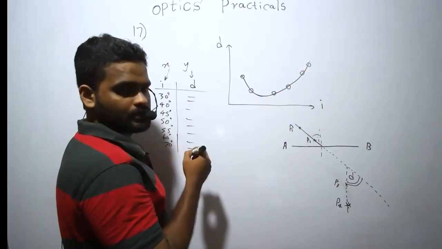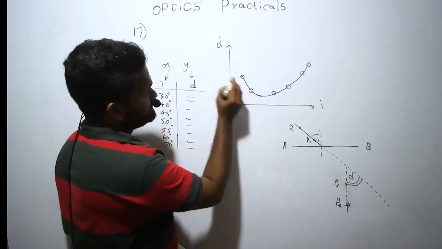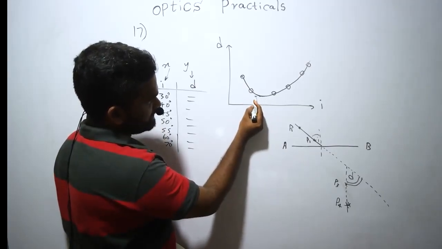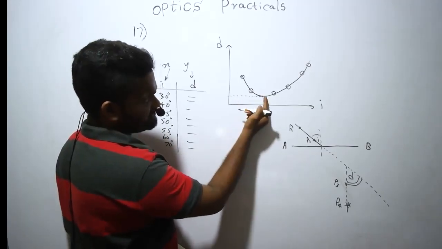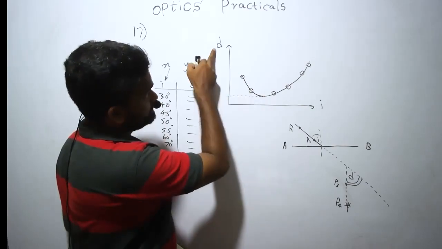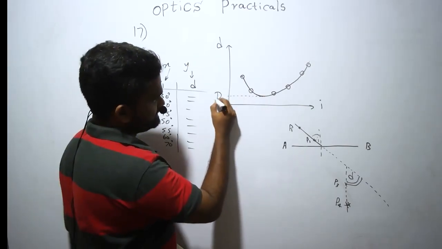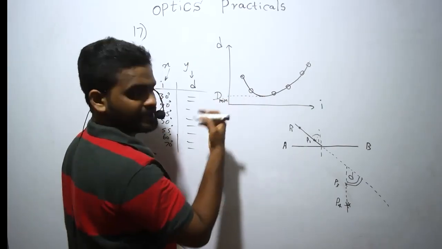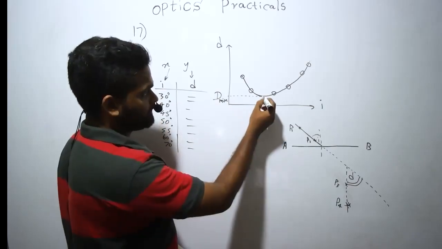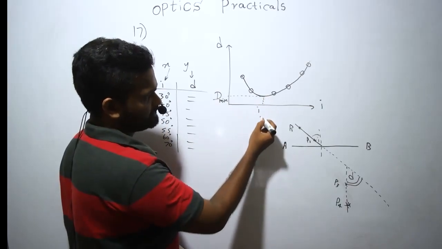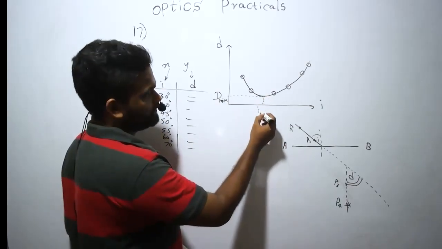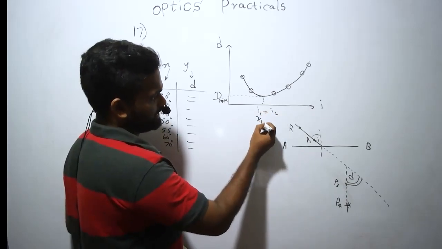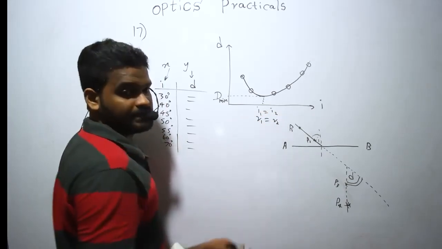So once you draw the curve, you can find the minimum angle of deviation. This is the lowest point, right? Minimum angle, we call that D min, or capital D. So at the minimum angle, you know that for a prism, I1 and I2 are equal and R1 and R2 are also equal.